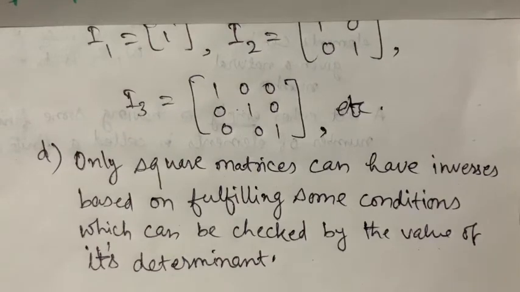So we have covered all four properties of the product of two matrices. We have seen that matrix multiplication is non-commutative in general, but it is associative, and there exists an identity element for matrix multiplication. And then we have studied that some square matrices can have inverses, while not all of them will.